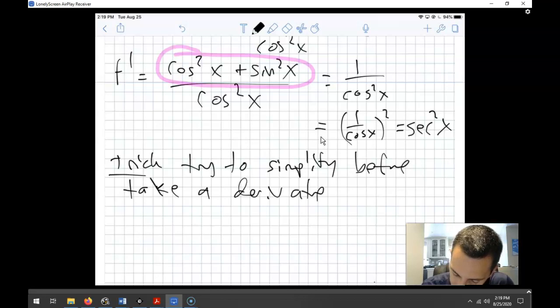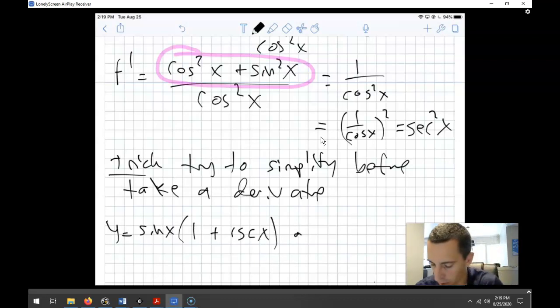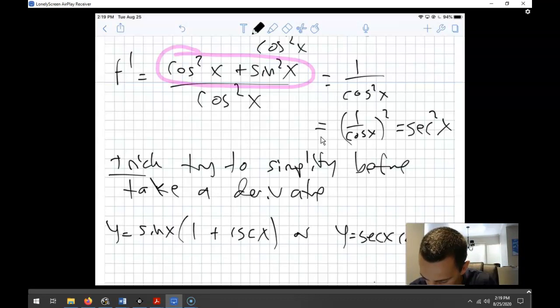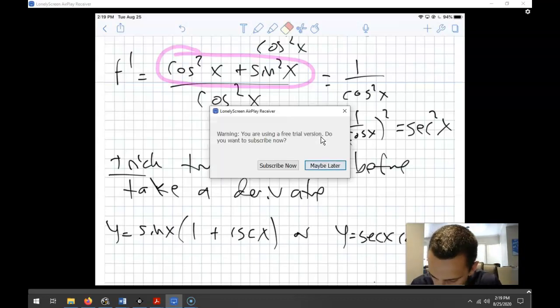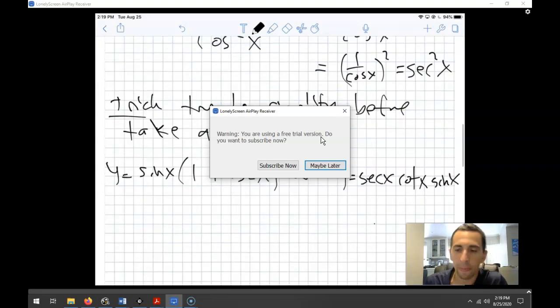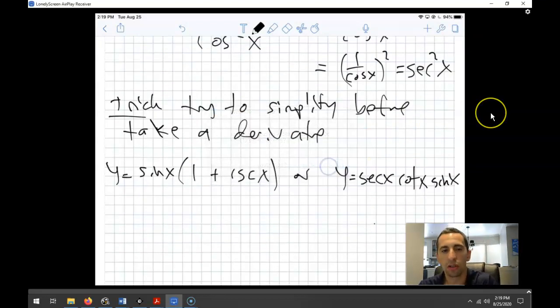But for instance, if I give you y equals, say, sine of x times 1 plus cosecant of x, or if I give you y equals, secant x times cotangent x times sine of x. Now you could do these, but this is kind of like product rule hell in some cases. So I want to encourage you to see if there's a way to simplify.